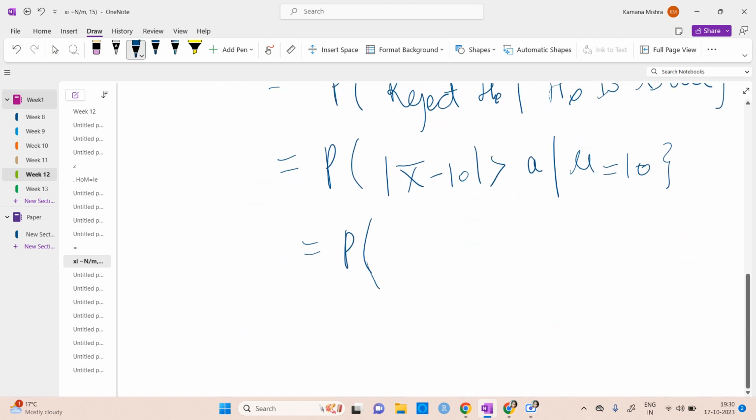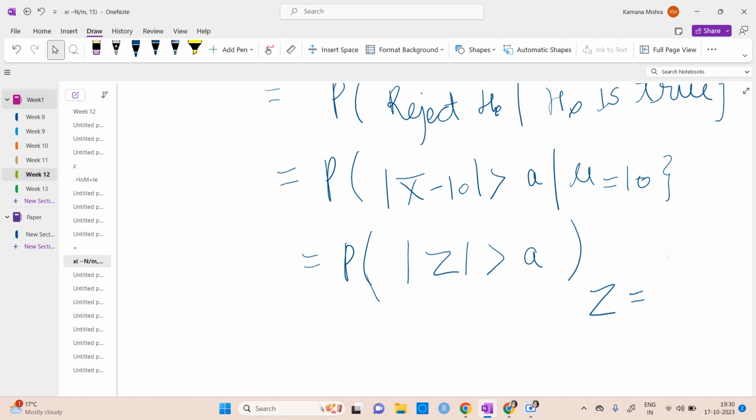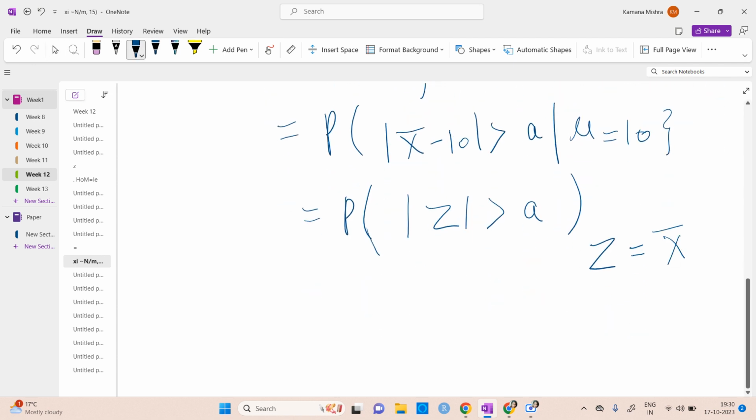So it would be x bar minus 10, and mod z would be x bar minus 10, so z is greater than alpha. Just a minute.